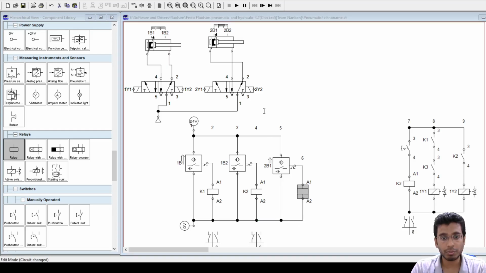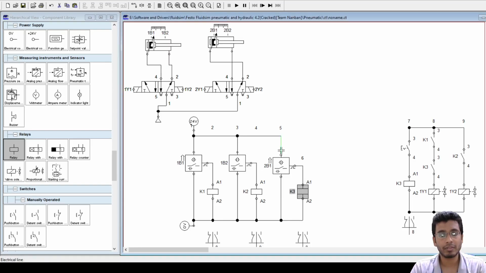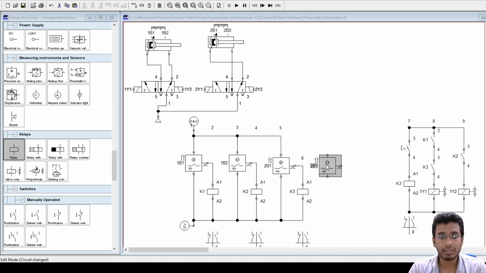Okay, this would be relay K3, and then you are going to have your fourth sensor here, that will be your 2B2.